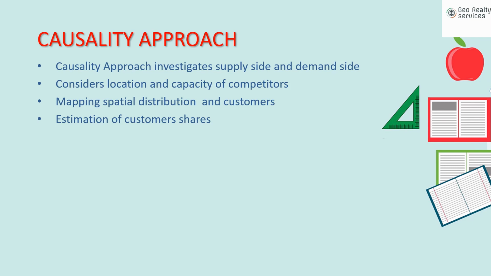Spatial distribution of potential customers is carefully mapped, and service accessibility models such as gravity model or two-step floating catchment analysis are applied. Finally, customer shares are estimated and eventually we get a revenue estimation at a given location.